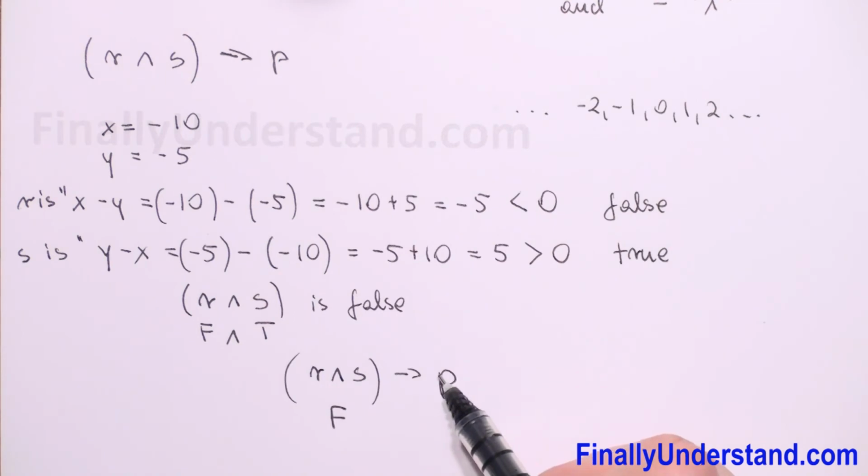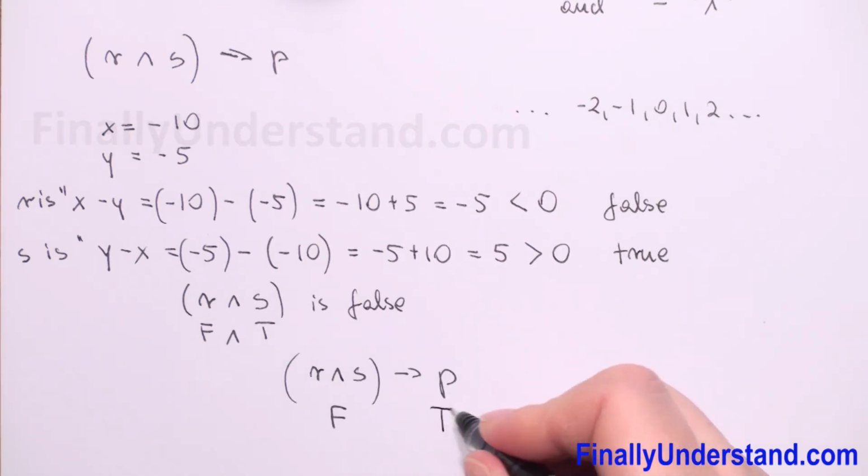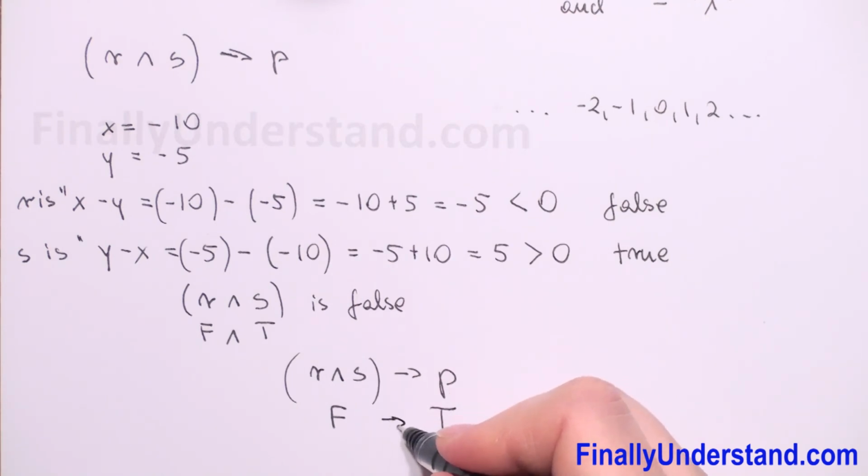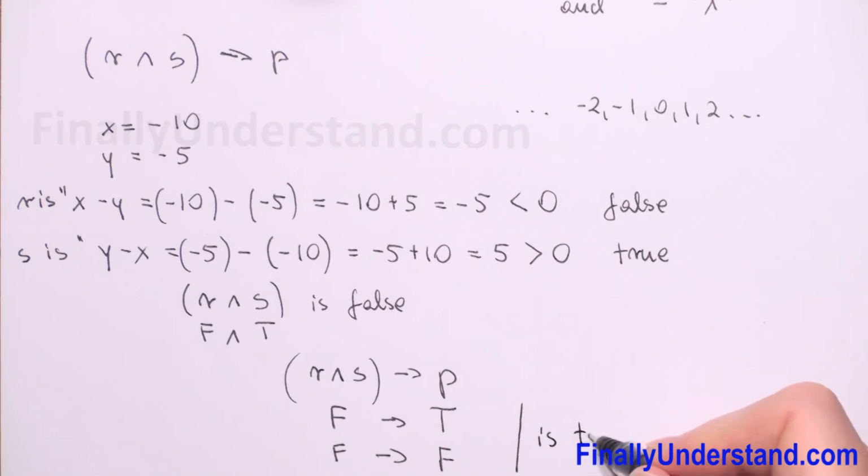An implication is only false when we have a true hypothesis and a false conclusion. It doesn't matter what we have on the right side, true or false. When we have an implication, false implies true or false implies false is always a true statement.